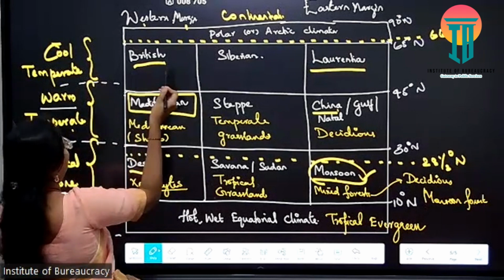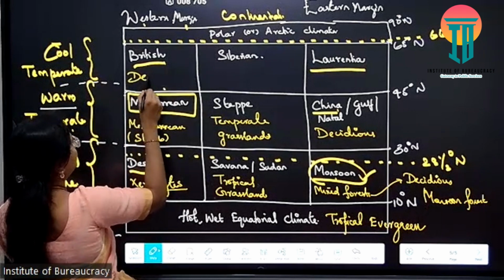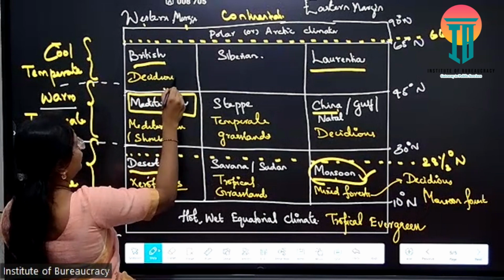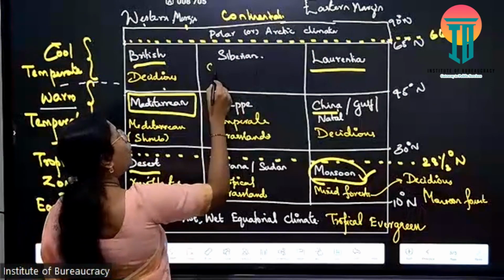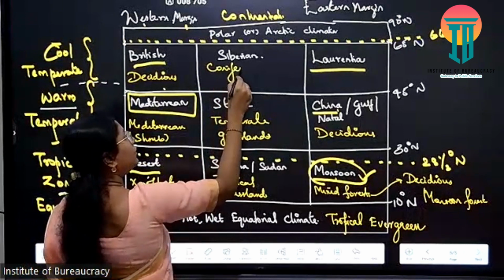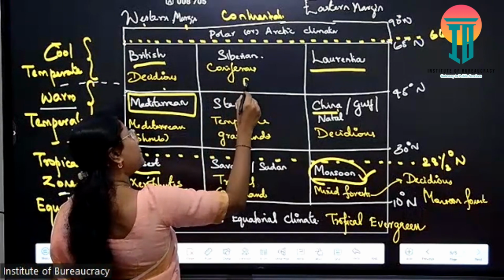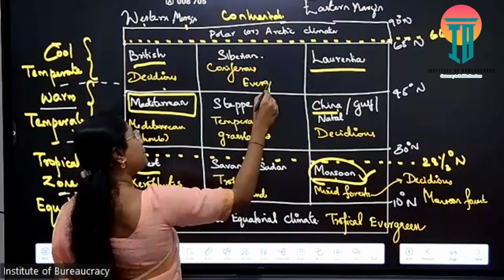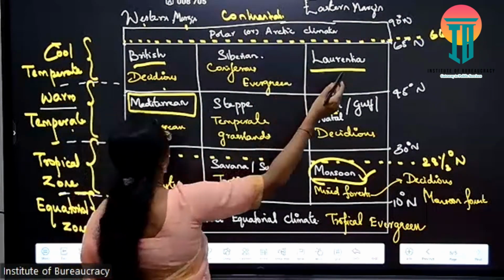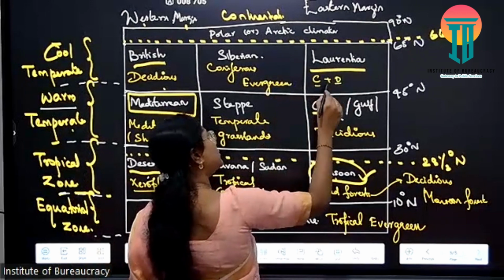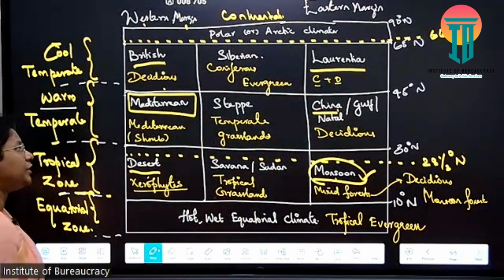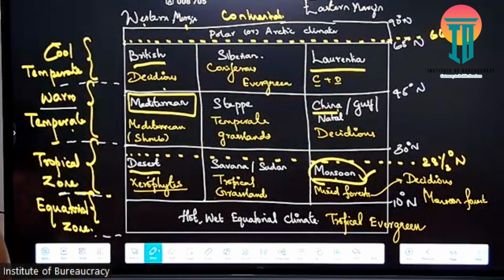British is again deciduous. Siberian is coniferous evergreen. And Laurentian is a mix of coniferous, that is evergreen, and deciduous.